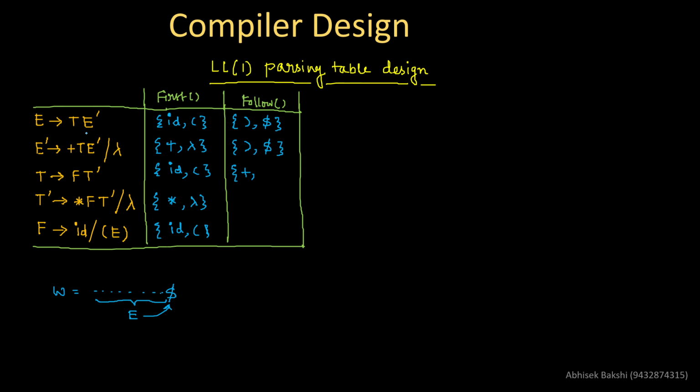So in production rule number 1, if E dash vanishes, then follow of T will become follow of E, and follow of E means closing brace and dollar. That means I will have a closing brace and a dollar because of this production rule number 1.